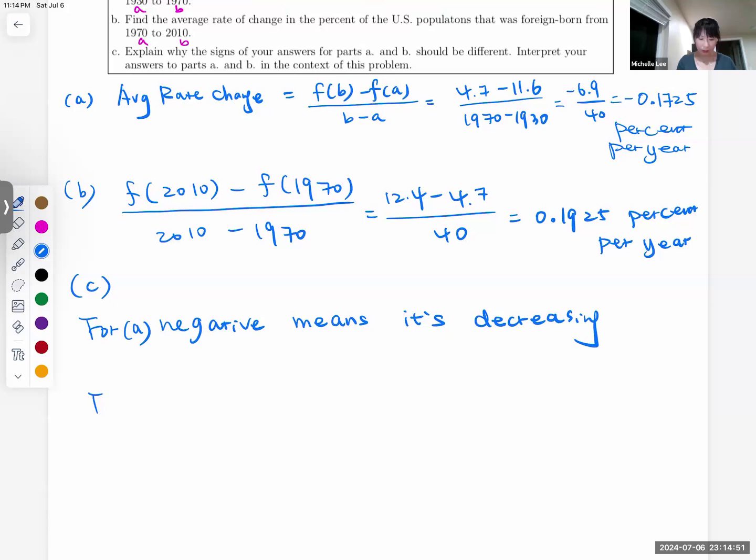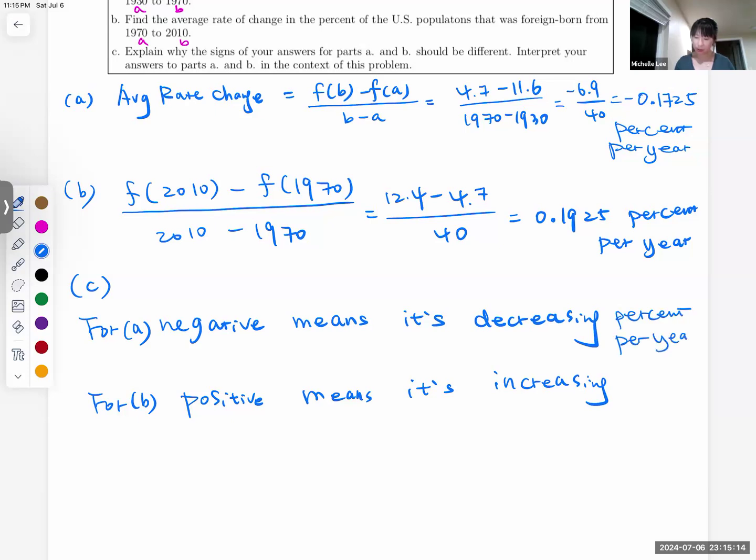Then second part, we get the positive, means it's increasing, right? About percent, right? Let me denote percent per year. Percent per year. How about that? Yeah. Okay.